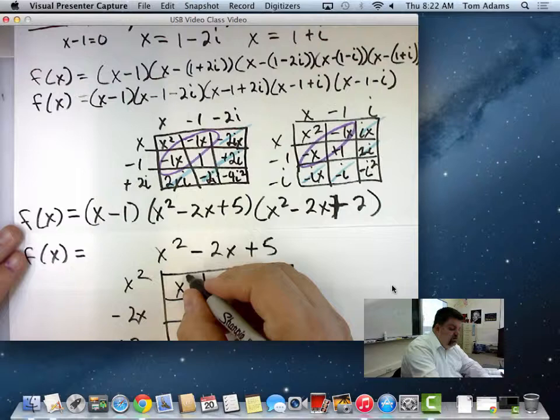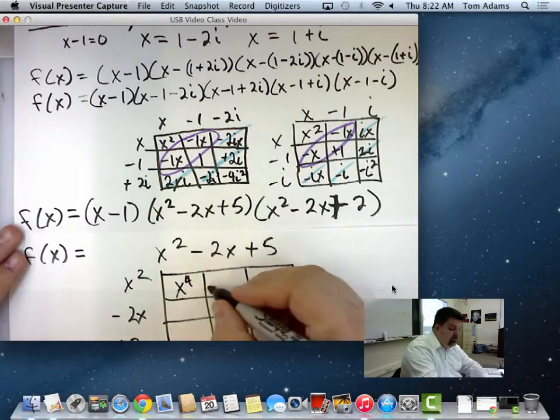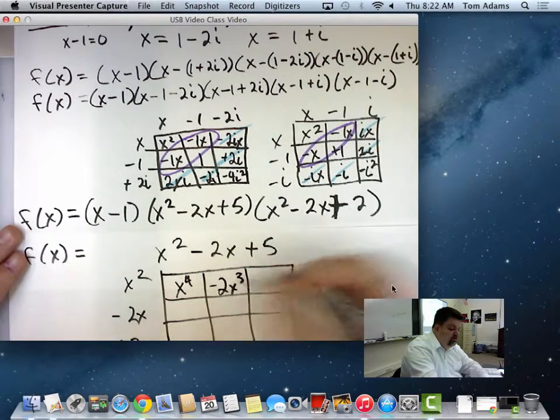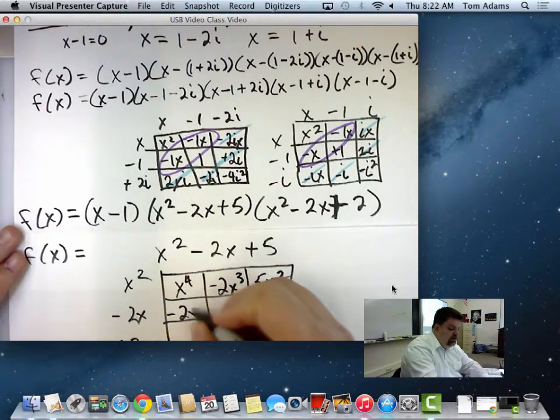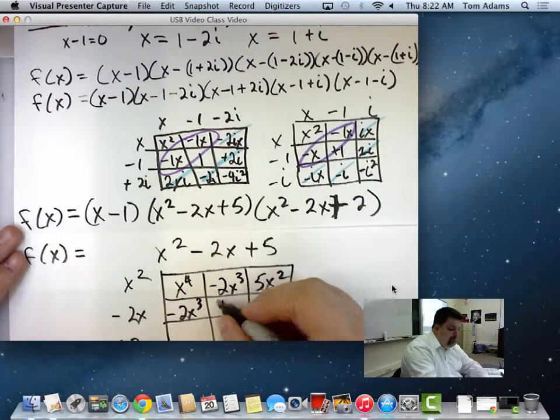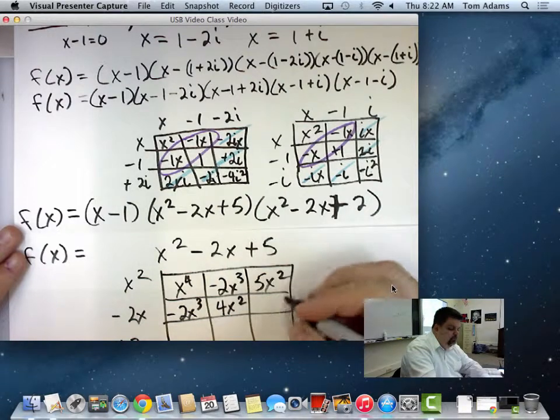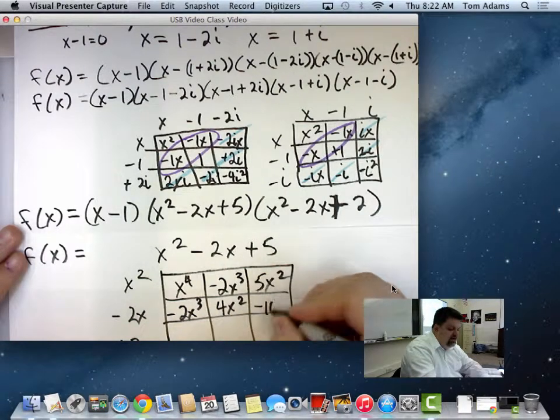So I've got x squared times x squared is x to the 4th, minus 2x cubed, plus 2x squared, negative 2x cubed, positive 4x squared, minus 4x, then 5x squared, minus 10x, and positive 10.